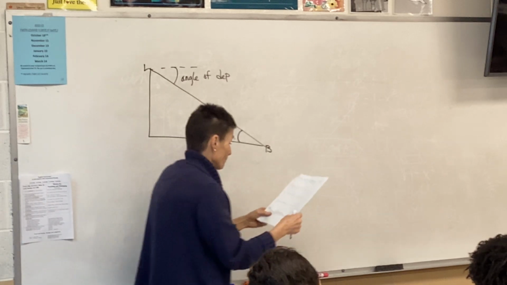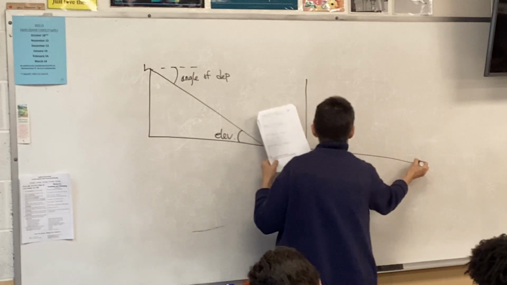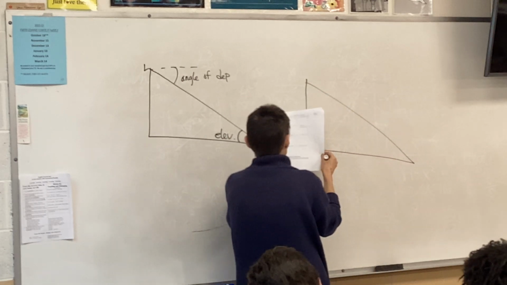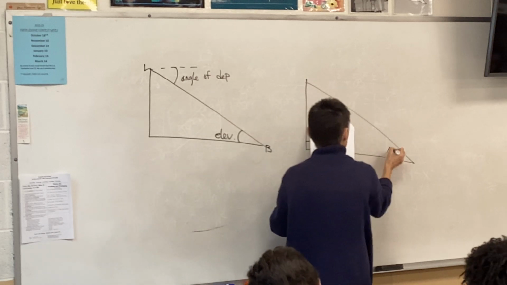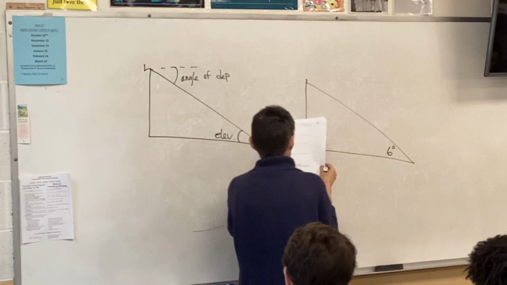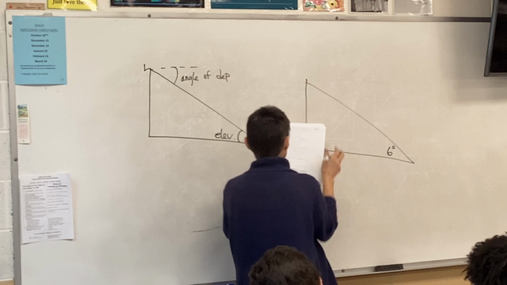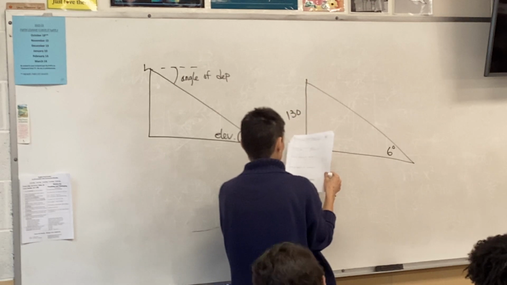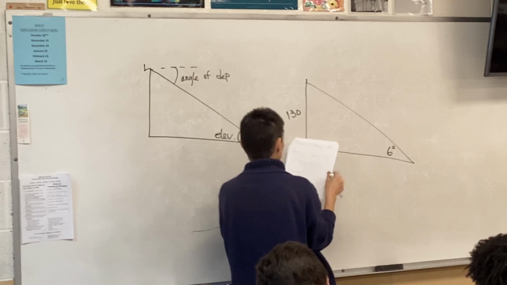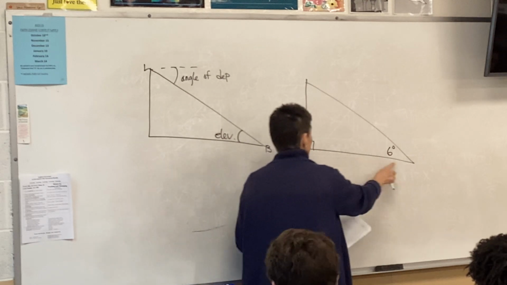So here we go. We've got the lighthouse and the buoy, and the angle of depression is 6 degrees, and the lighthouse is 130 feet above the surface of the water. We want to find the distance from the base of the lighthouse to the buoy.